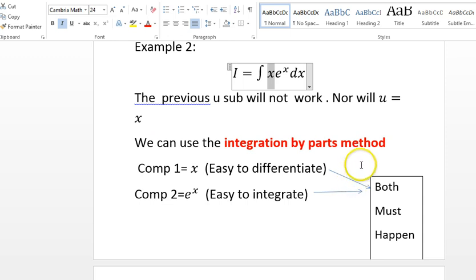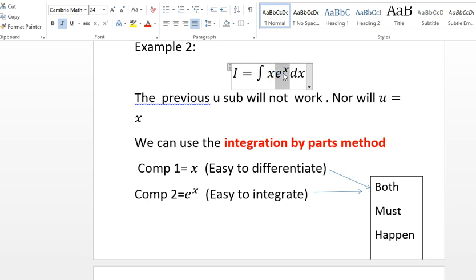When we do integration by parts, the first thing that we do is see these two things, the product things, and we identify them as two components. One of them will be comp 1 and the other one will be comp 2. Now comp 1 is always the one that is easier to differentiate, while at the same time comp 2 must be easy to integrate.